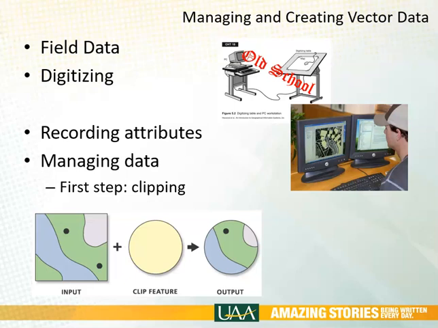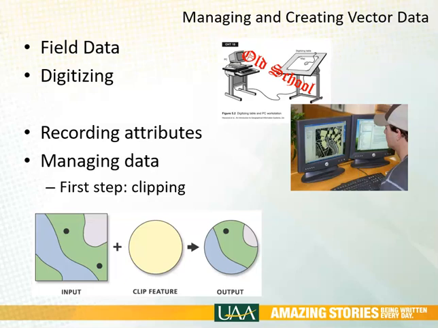It was a pretty tedious process, I will tell you that. Today, this is still used at times, but we are more likely to be using something called heads-up digitizing, where we're actually doing this digitizing on a screen, looking at satellite imagery and creating vector data on top of it.